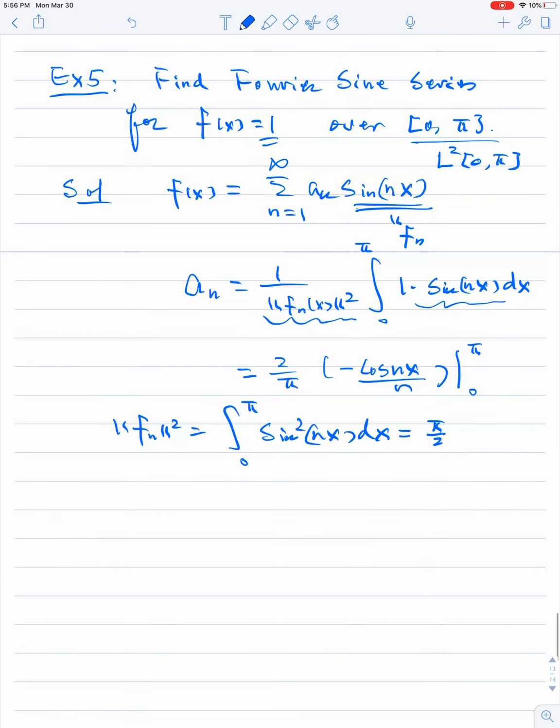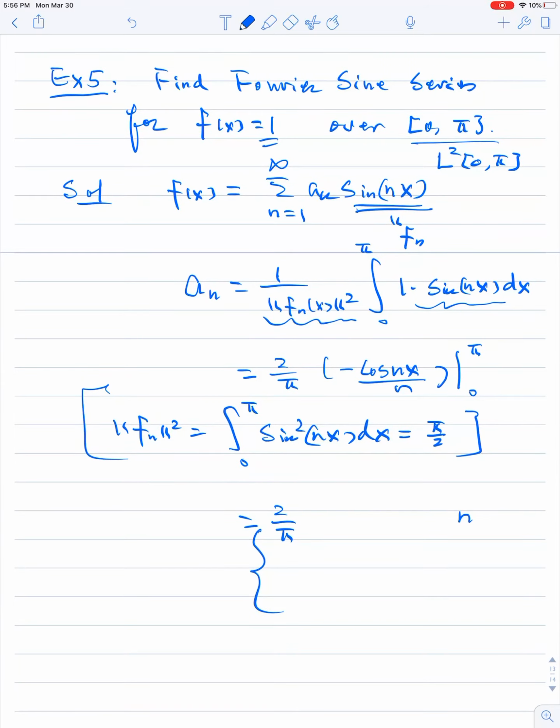Now when n is even, you have cosine 2 pi minus cosine 0, therefore this term would be 0.